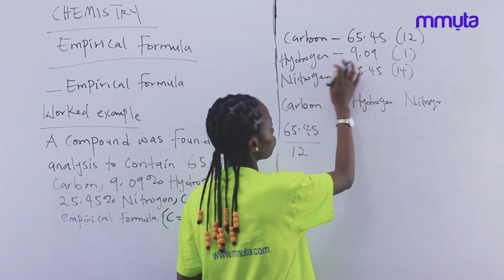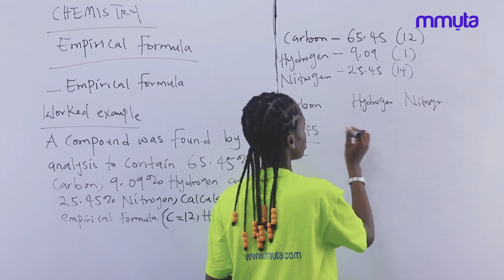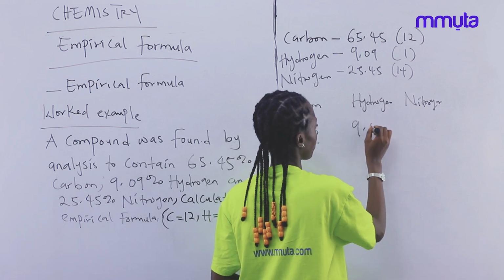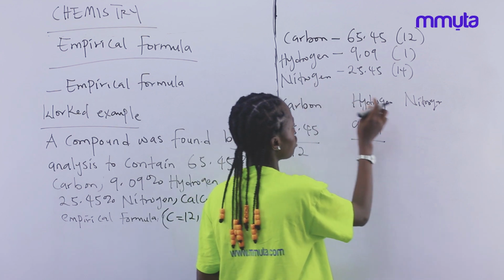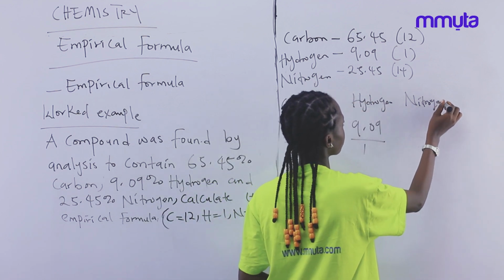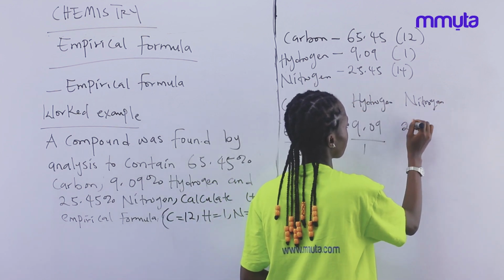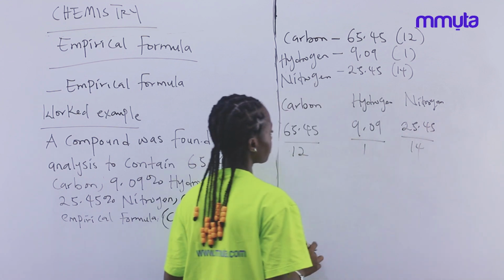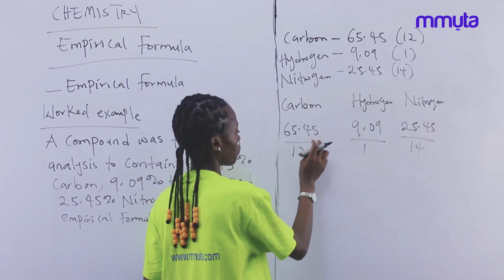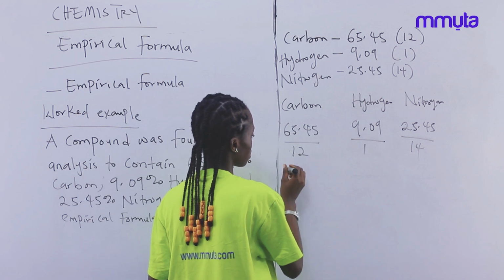Then we do the same for hydrogen, which is 9.09 divided by 1. Then for nitrogen, we do the same, which is 25.45 divided by 14.